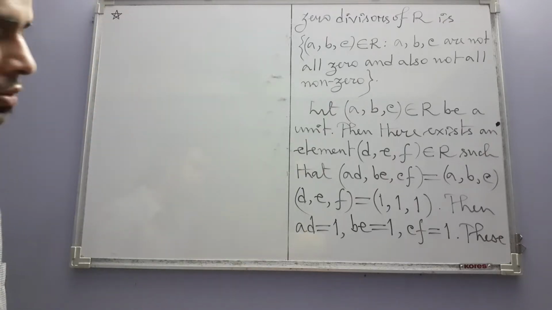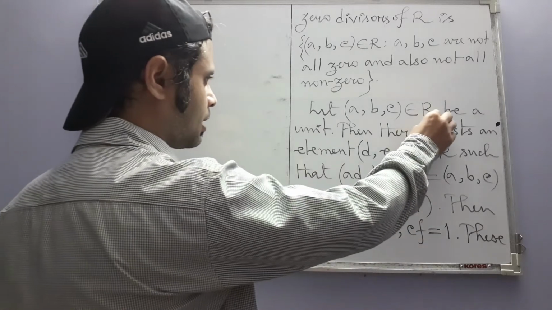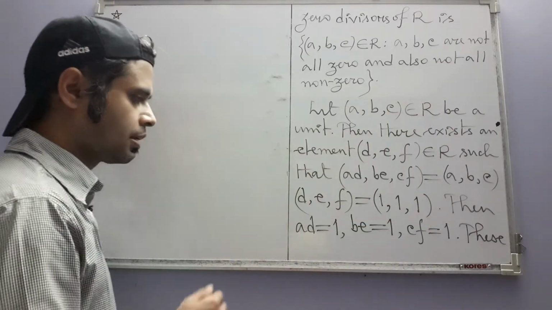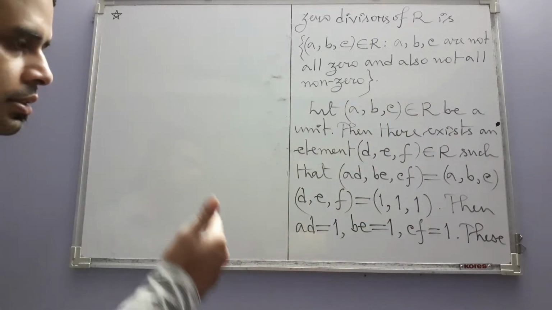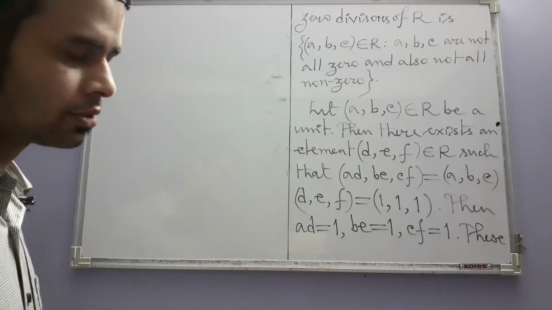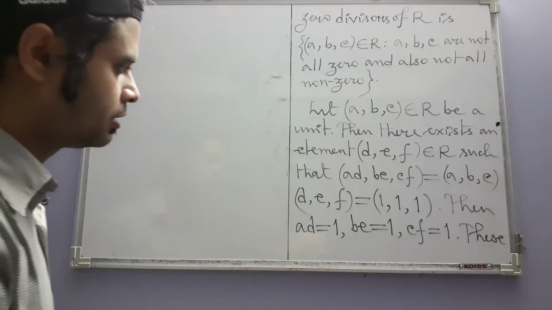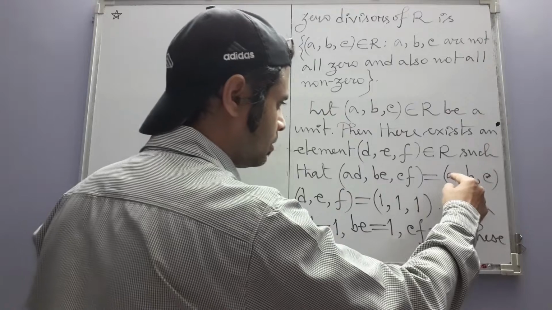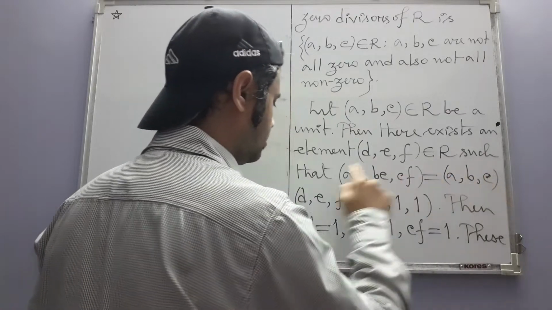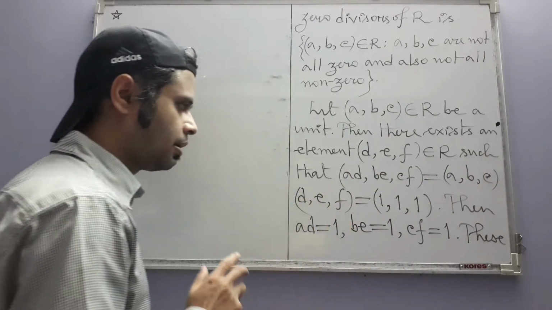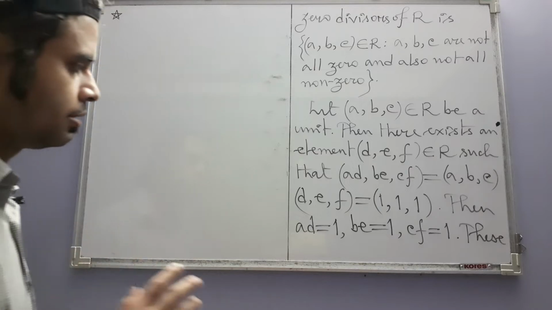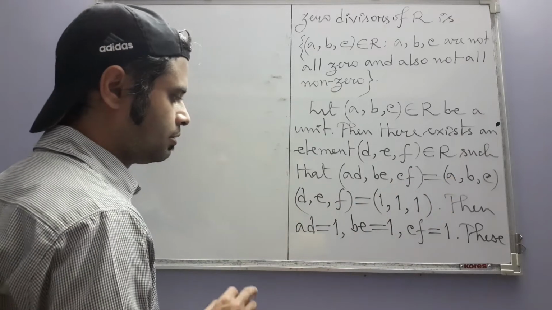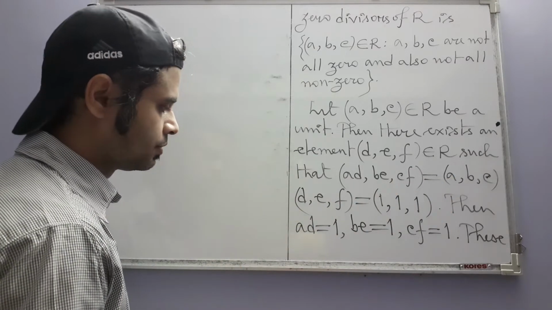Note that because our ring is a direct sum of the ring of integers, then the field of rational numbers, then again the ring of integers, A, C, D and F are integers, and B and E are rational numbers.